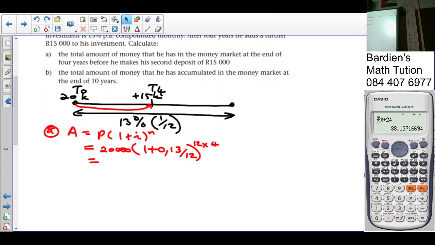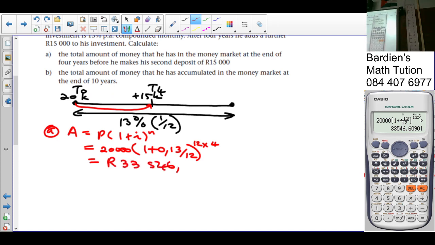That gives you 33,546 rand and 61 cents.